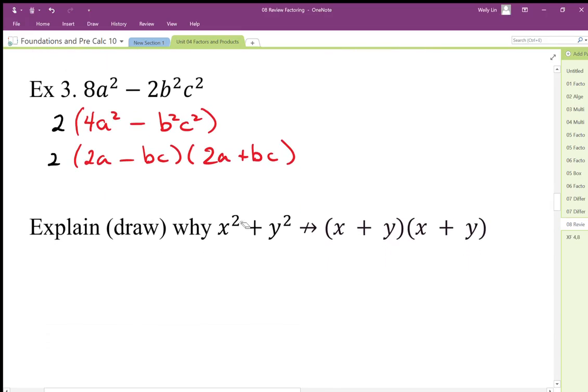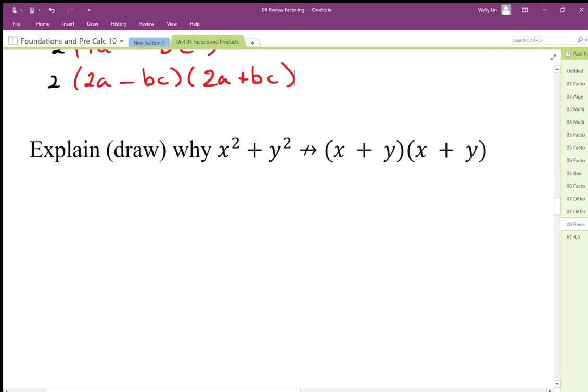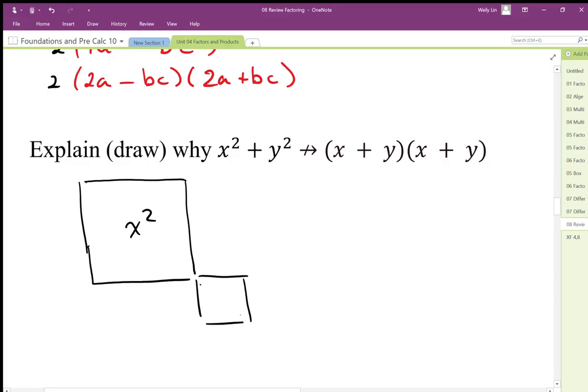Why can we not factor x squared plus y squared into x plus y, x plus y? Well, if I first of all try to draw this out, okay, well, I have x squared, I have y squared. Well, these have to somehow cancel out.